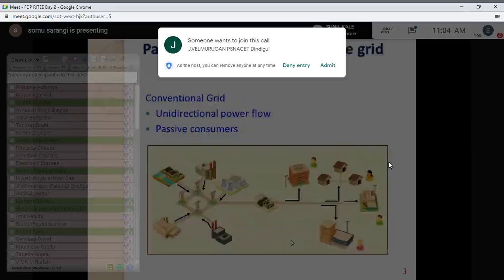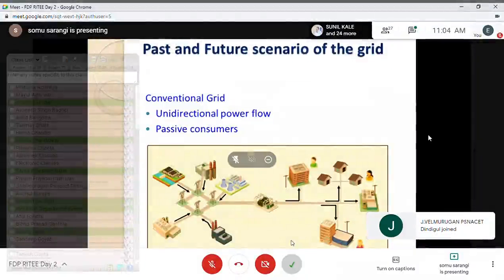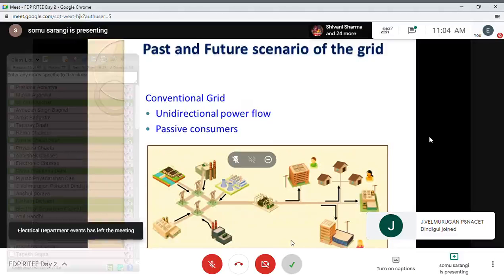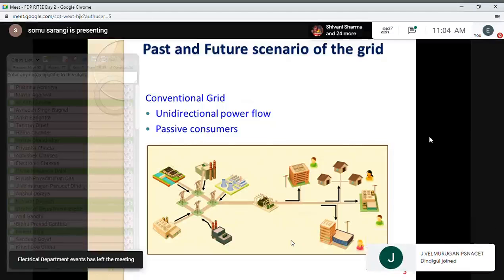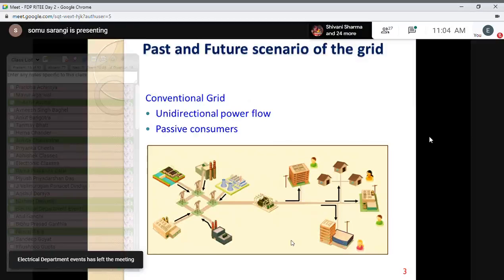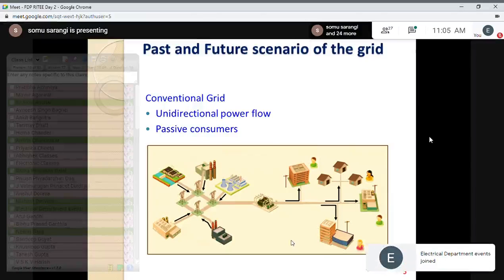As you know, our conventional generators are synchronous generators. They are far away from our load center. The power is carried from the grid, which we call transmission lines, to the load center. So in the earlier case, there were no sources in our distribution system.